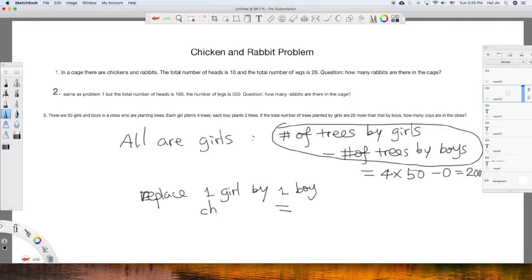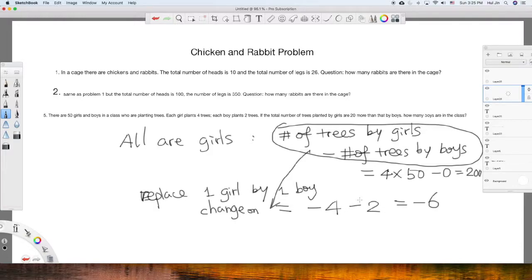The change on that quantity is going to be, you take out 4, but you're not adding 2, you're also minus 2, because the total number of trees by boys is subtracted there. So every time you are reducing by 6 this amount.